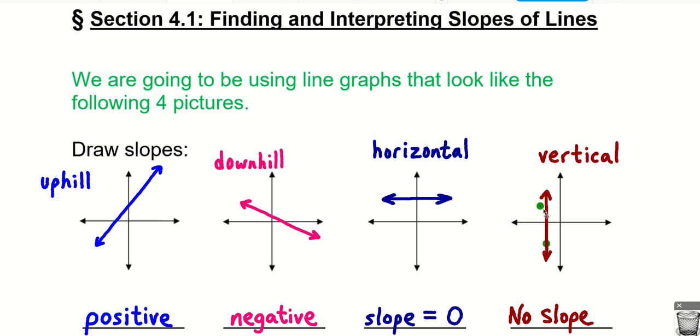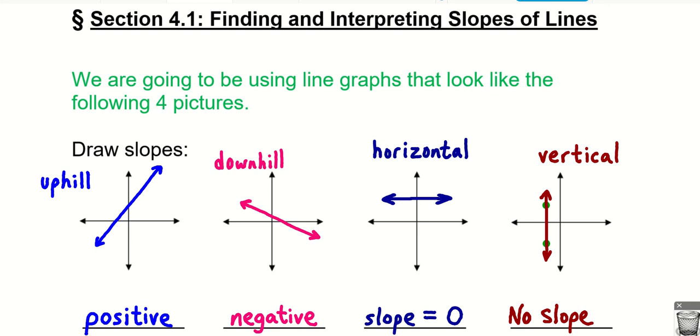Well, how about vertical lines? What's 0 here? The run is 0 here. So if you're doing rise over run, and the rise is whatever, 7, 3, 12, doesn't matter, the run from this dot to this dot is 0. So if you were doing 7 over 0, what's 7 divided by 0?